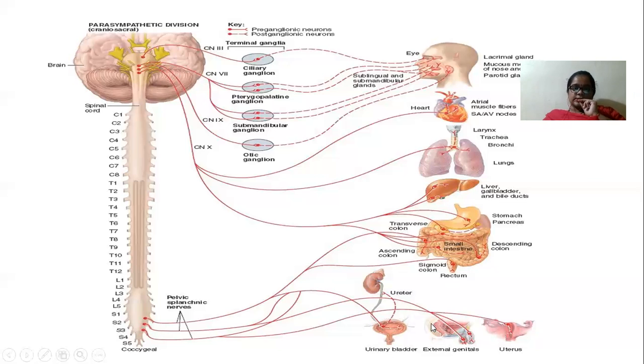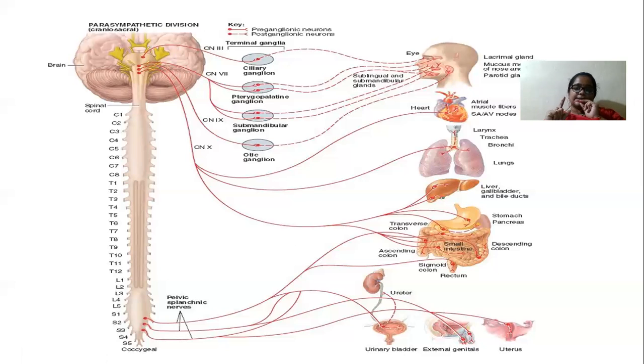So these are the divisions of the parasympathetic nervous system. The sympathetic nervous system is also known as the thoracolumbar division. The parasympathetic division is also known as the craniosacral division, because it extends from the sacral region and the cranial nerves region: cranial nerves 3, 7, 9, and 10.